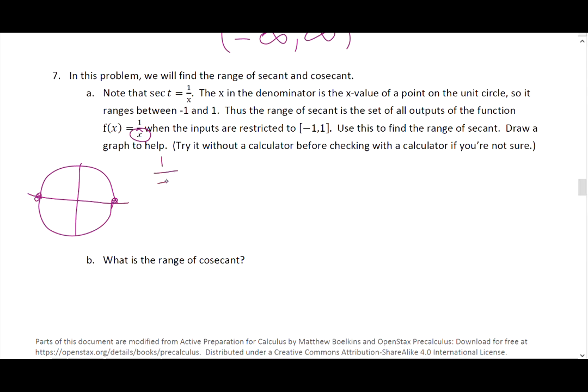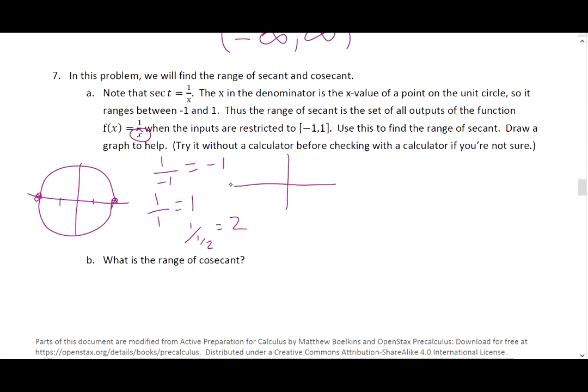So 1 over -1 should be in the range, that's -1. 1 over 1 should be in the range, that's 1. Let's plug in another number, like x is 1/2. So that would be 1 over 1/2, which is 2. So 2 should be in the range. Similarly, -2 should also be in the range.